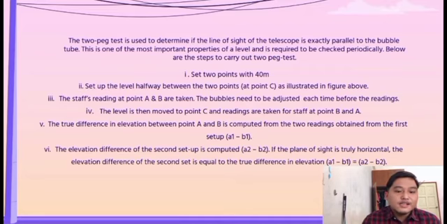And lastly, the elevation difference of the second setup is computed, A2 to B2. If the plane of sight is truly horizontal, the elevation difference of the second setup is equal to the true difference in elevation, A1 to B1 equals A2 to B2.